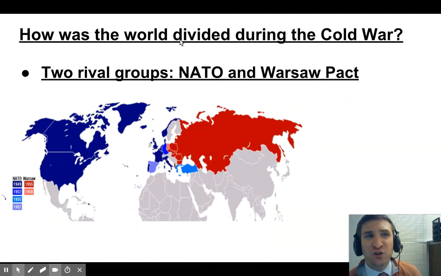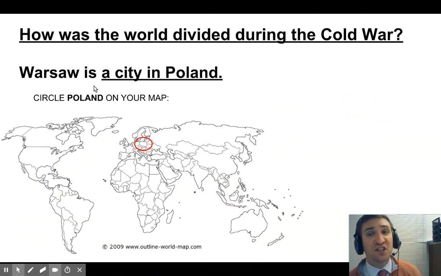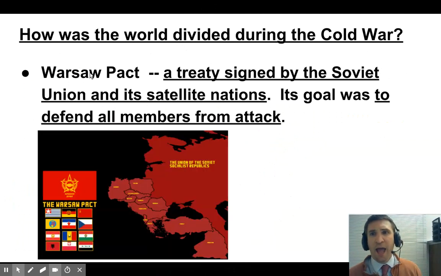The world was divided during the Cold War between two rival groups, NATO, seen here in blue, and the Warsaw Pact, seen here in red. Warsaw is a city in Poland, and please circle Poland on your map. Here it is, Poland. Please circle it. And the Warsaw Pact was a treaty signed by the Soviet Union and its satellite nations in Poland.